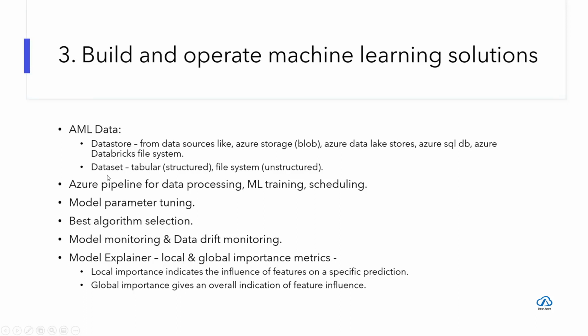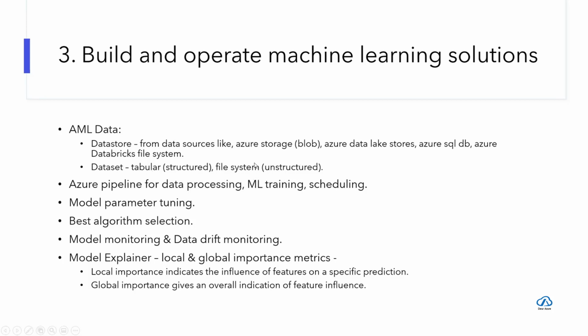You can also ask what kind of datasets it supports. It supports both tabular, structured, and unstructured datasets. Tabular is for structured data, and file is for unstructured data, for the file system. Tabular is used for classification, regression, time series, and the file system is used for image classification or CNN based training.